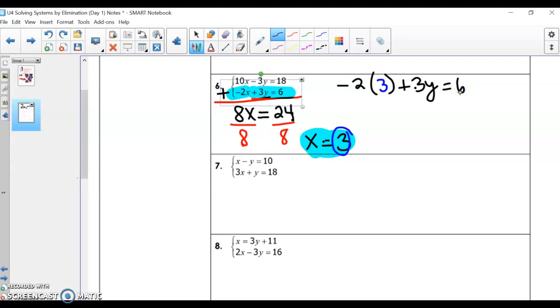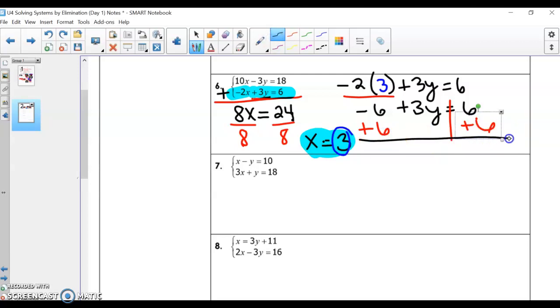So then now you need to go ahead and solve it. -2 times 3 is going to give you -6. Bring down your 3y and bring down your 6. Now you're down to a two-step equation. Again, what you do to one side, you have to do the other. How do you move a -6? Gotta make it a +6.